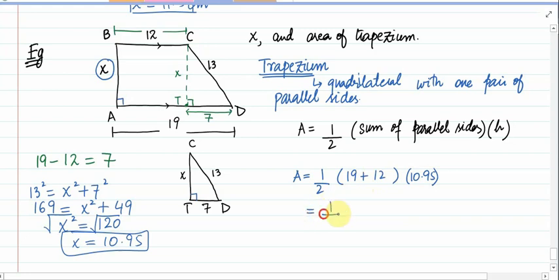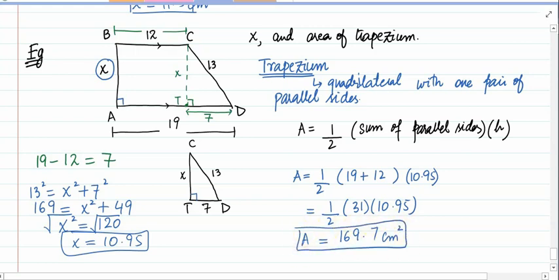So 1 upon 2 times 19 plus 12, 31, times 10.95. Solve it. It will be 169.7 centimeter square. That is the area of a trapezium. All lengths are in centimeter, right?